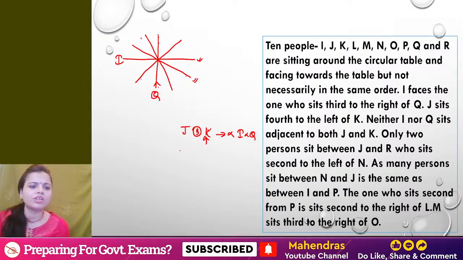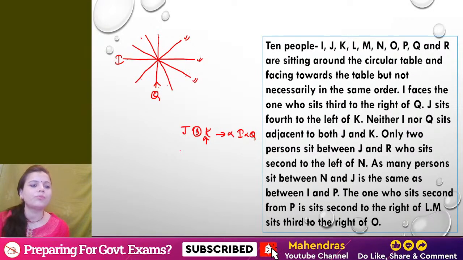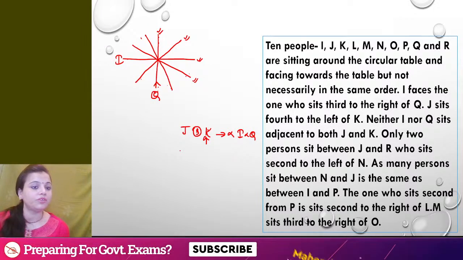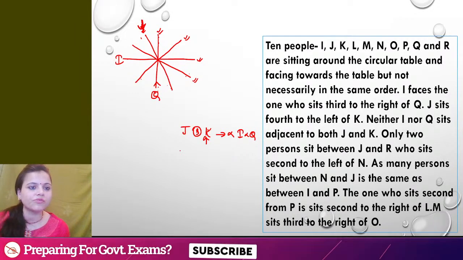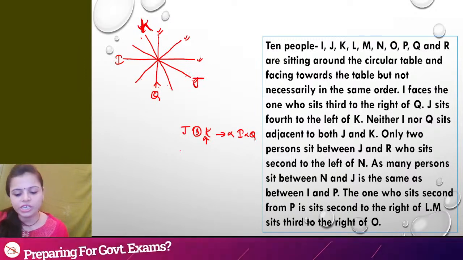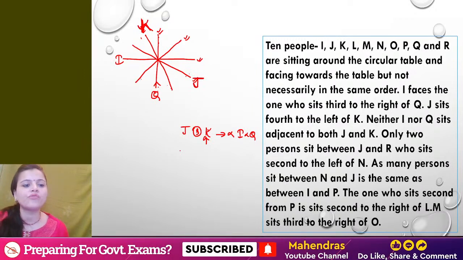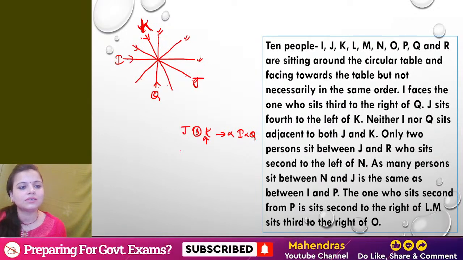If you put K in another place, 1, 2, 3, 4, not possible. If you put K here, 1, 2, 3, 4, yes, this one is right. So only one place is available for K. So 1, 2, 3, 4, this place is for J, because neither J nor K is an immediate neighbor of I and Q. And J is fourth to the left of K, and they all are facing the center.